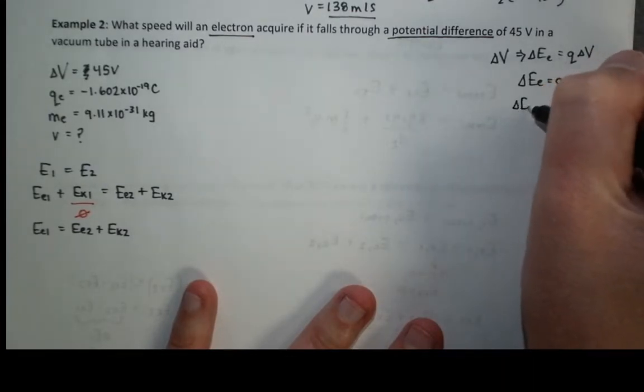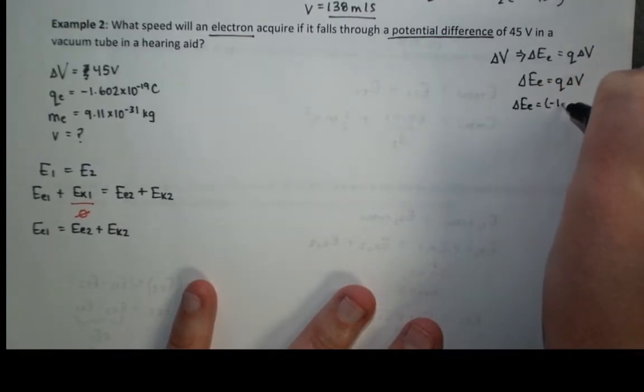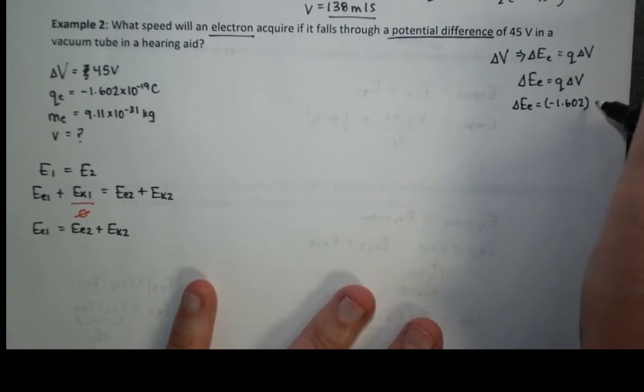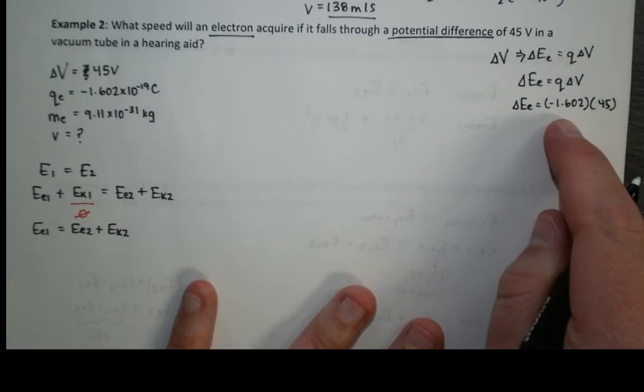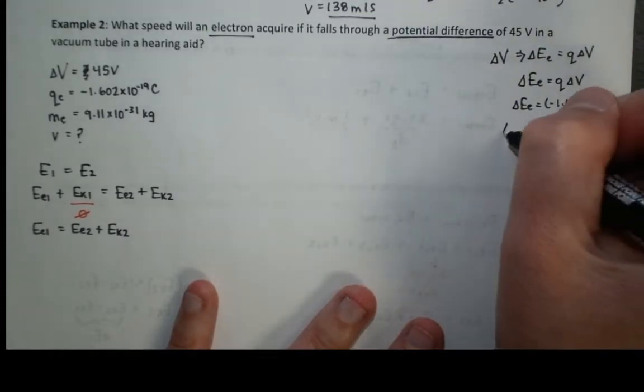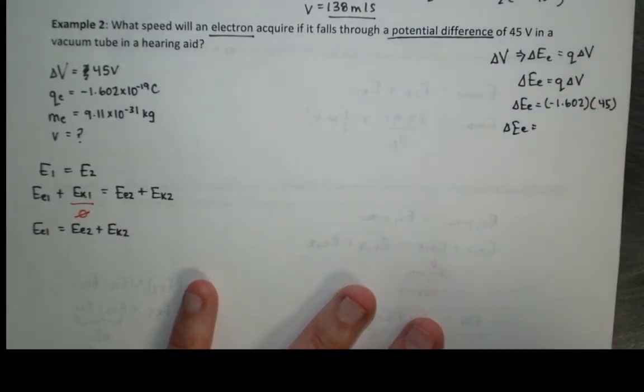So change in energy in this case would be 1.602 times 45. Of course, this is 1.602 times 10 to the -19. Just didn't have enough space.